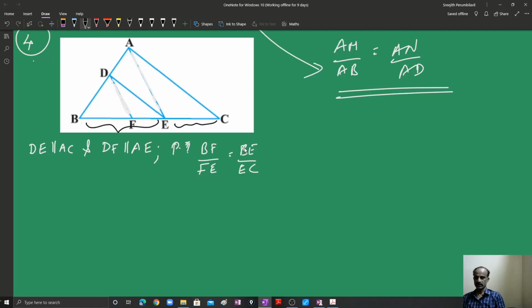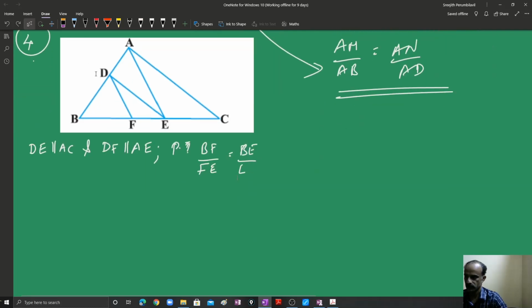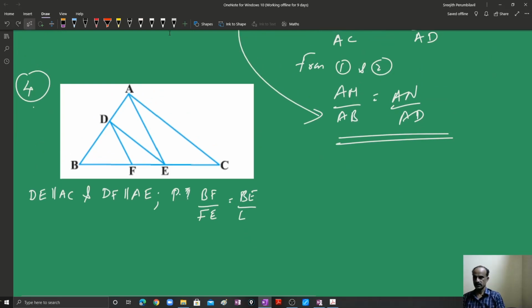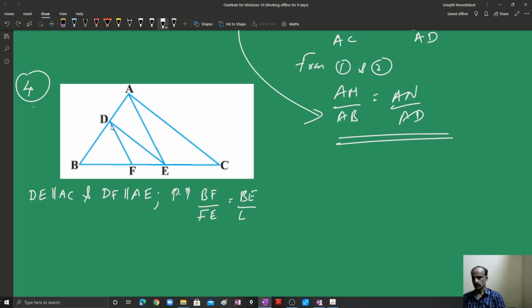Fine. Okay, so we'll make a note of this figure. This is the original figure, right? In this figure we have just erased something, what is not required.